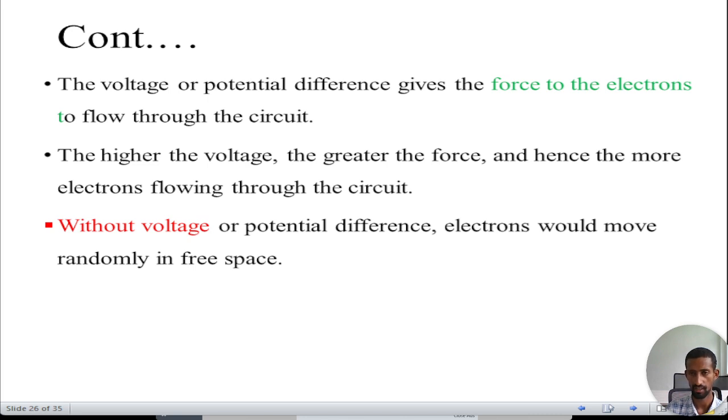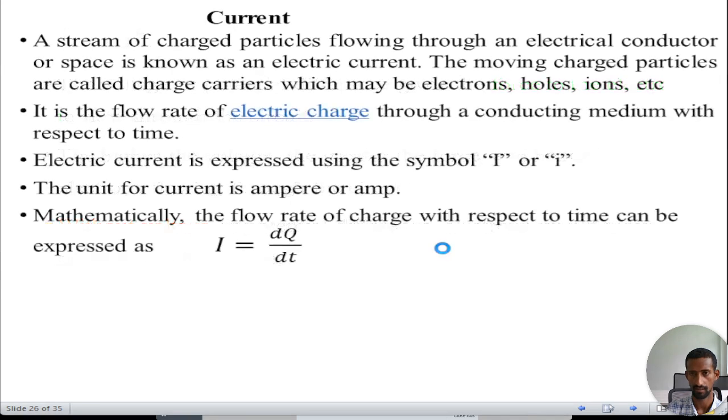The higher the voltage, the greater the force, and hence the more electrons flowing through the circuit. Without voltage, electrons will move randomly in free space. But if there is a potential difference, they will flow in an organized manner instead of a random manner.